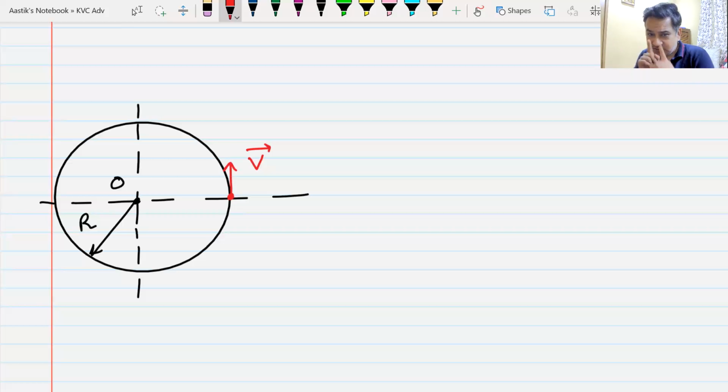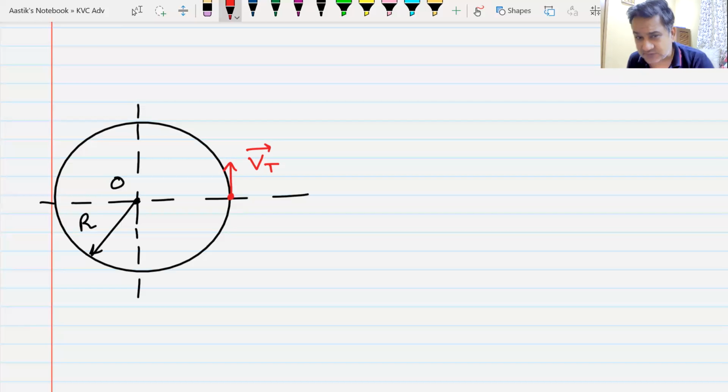And the second direction is always along the angle. We call it tangential. Do we understand this? Yes, sir. For circular motion, instead of using X and Y, we use the other two directions, which keep on changing, tangential and normal.